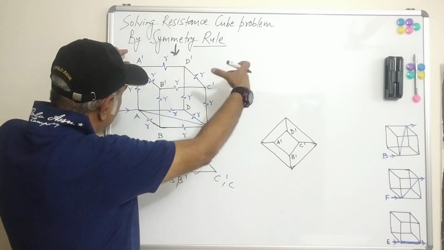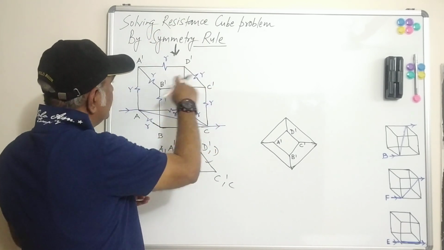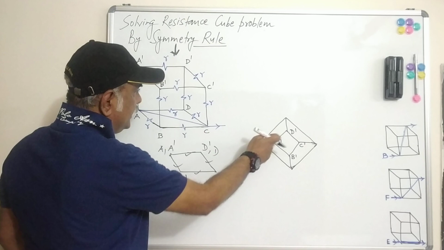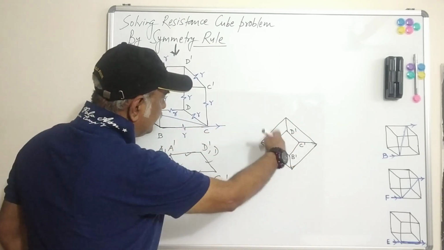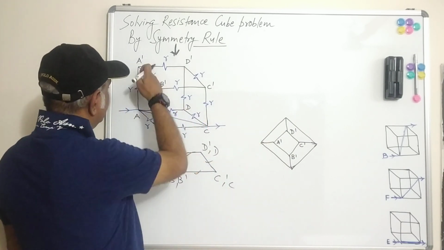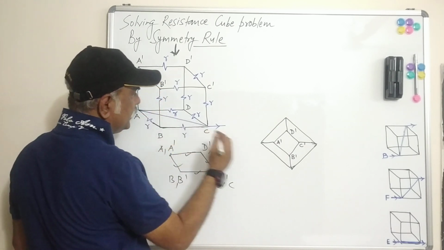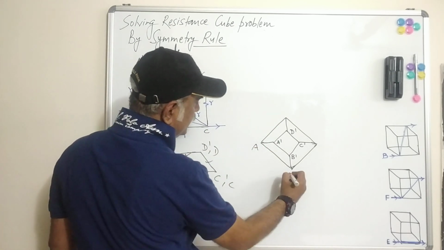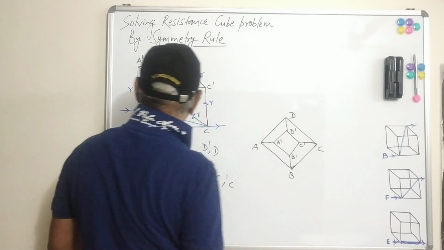You crush it, squeeze it. So these faces will appear like this, these resistances will be appearing like this, and you can have a 2D diagram here. Okay? So A dash and A are in the same line, that is, A is below A dash. So this point is A, this point is B, this point is C, and this point is D. Okay?